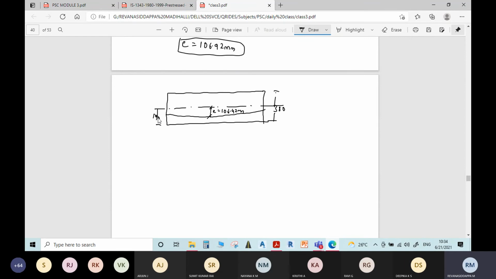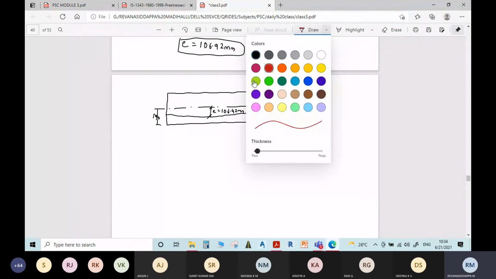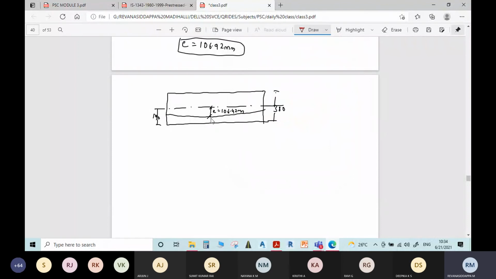190. Therefore, you can calculate what should be the distance or location of the cable from the soffit. Okay. This distance actually we needed. In the problem, we have asked this distance only. What should be the location of the cable at the center from the soffit of the beam?